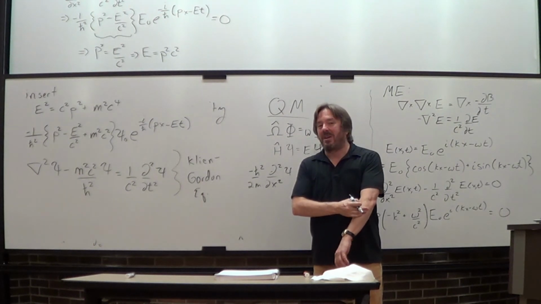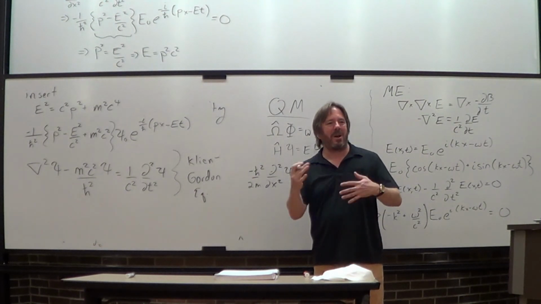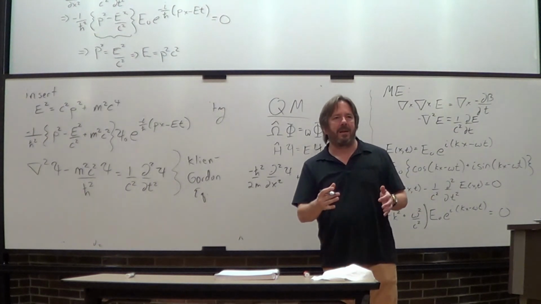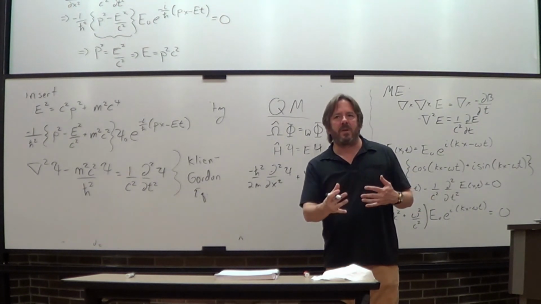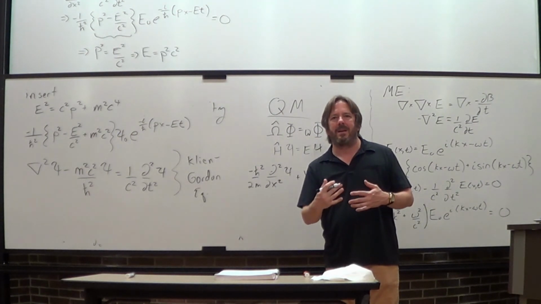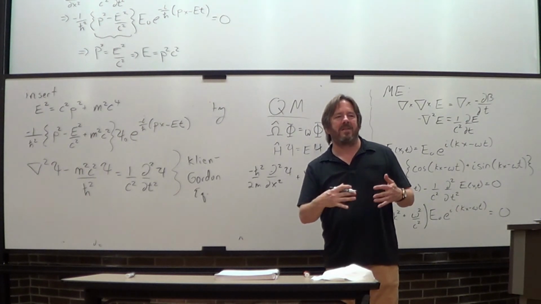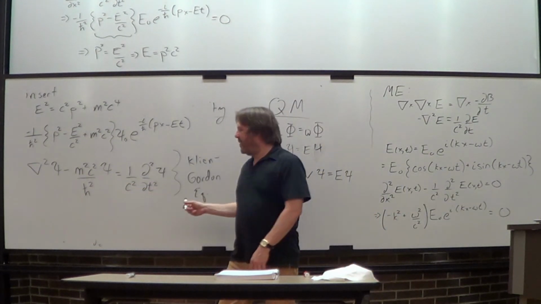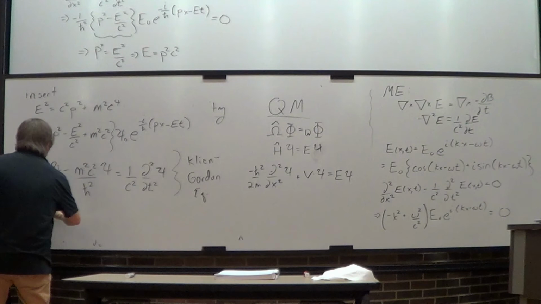And it turns out not to work. So Schrodinger developed the Schrodinger equation in the 1920s. About just a few years later, people realized, wait, no, there's no relativity in it. Somehow it's not there. And so when they tried to put it back in, they derived this. Now, it turns out it doesn't quite work.